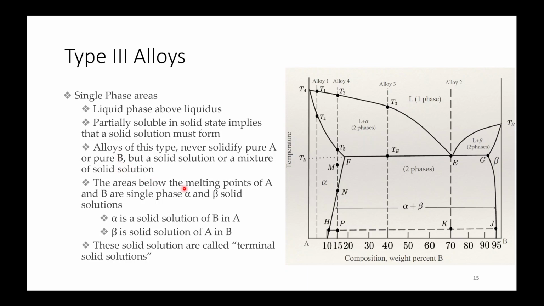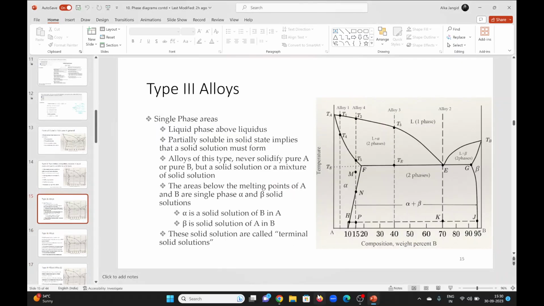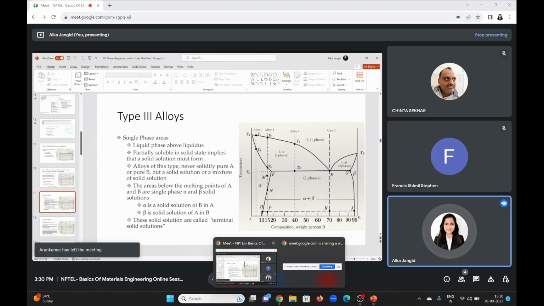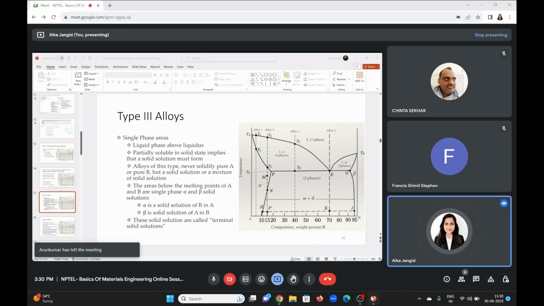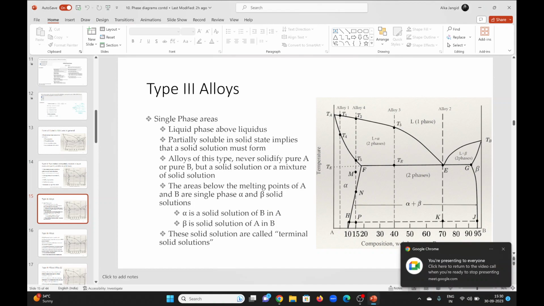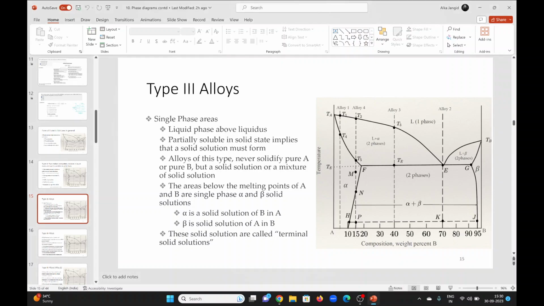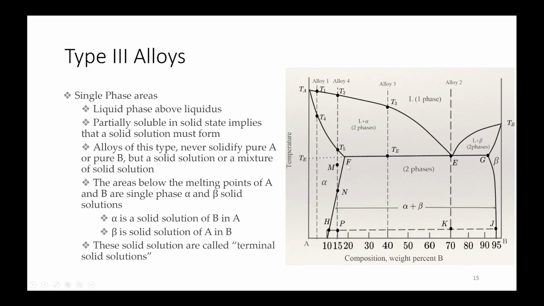The areas below the melting points of A and B are single phase alpha and beta solid solutions. Alpha is a solid solution of B in A, and beta is a solid solution of A in B. These solid solutions are also called terminal solid solutions, because they are at the ends of the phase diagram.